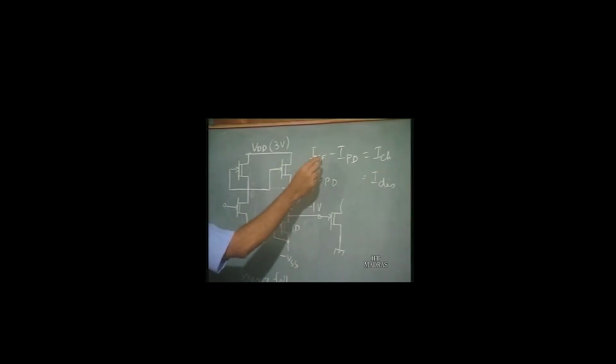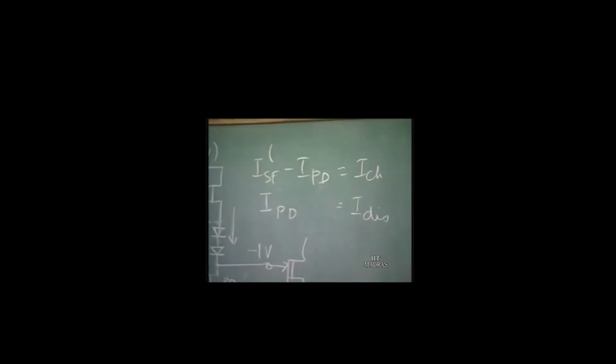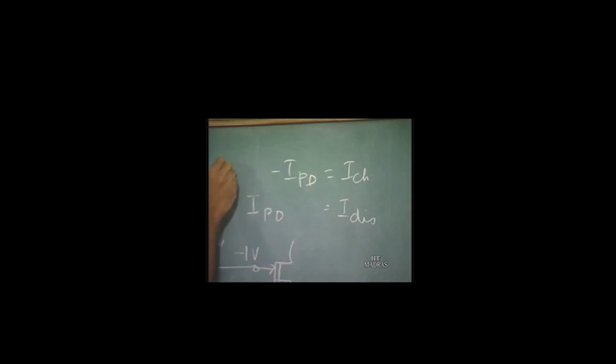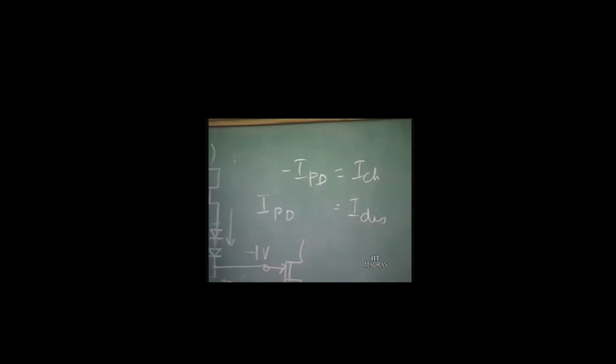So, in this charging case the source follower VGS is 0.7 volts. So, basically I charge will be equal to the source follower ISF at VGS equal to 0.7 volts, because it is going to rise to 0.7 volts, minus IPD, which remains a constant.